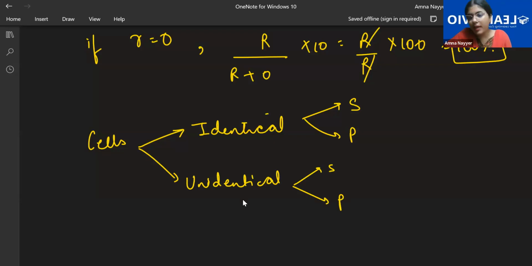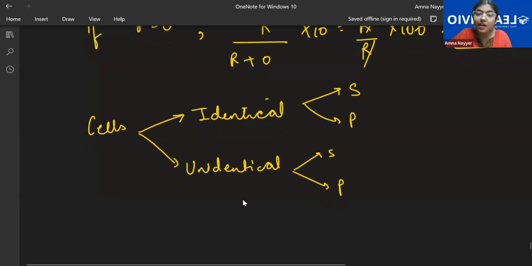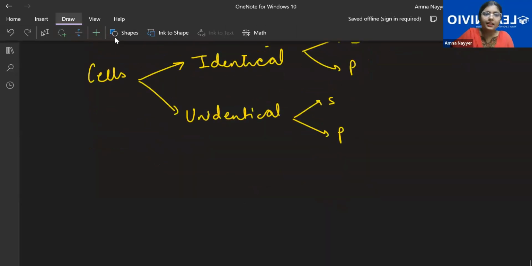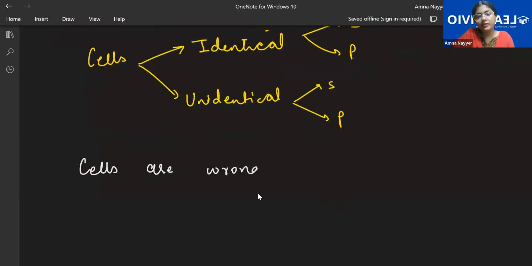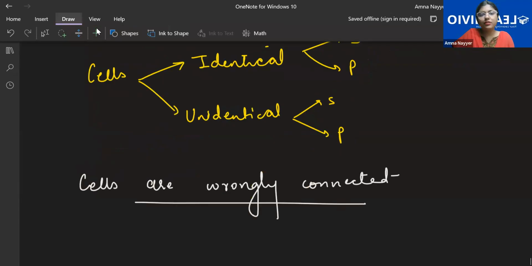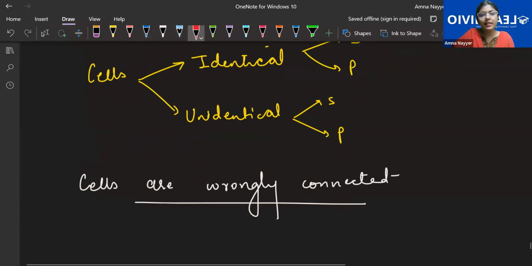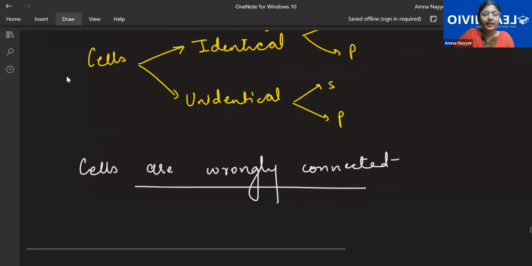But there's one thing that we haven't discussed. If the cells are wrongly connected, that can come in the exam, that has come in the exam. So this also I'll tell you separately for series and parallel, if the cells are wrongly connected.